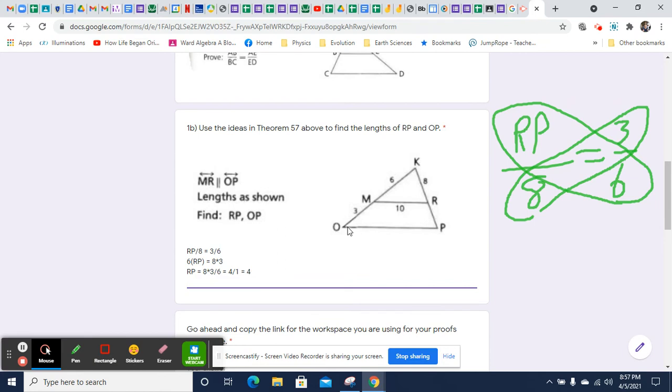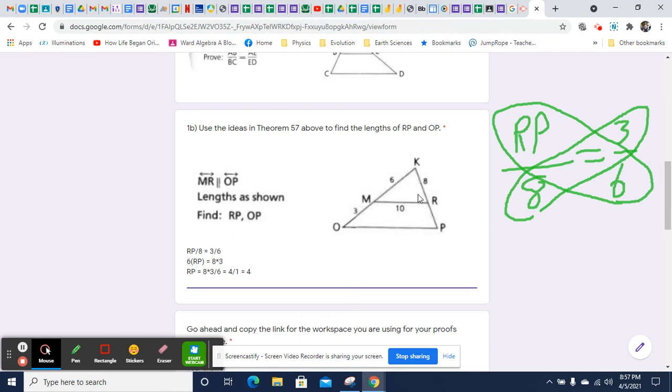Let's find OP. Now, OP, we're going to need to deal with the similarity of triangles. So KMR is similar to KOP. And the way we know that is K is congruent to itself, and angle KMR and KOP have to be congruent since these are parallel lines, and those will be corresponding angles.